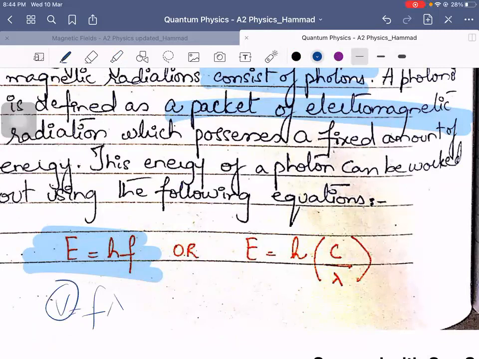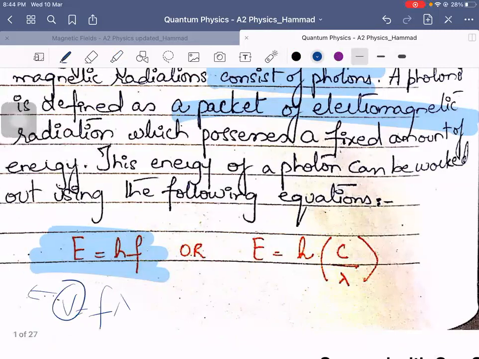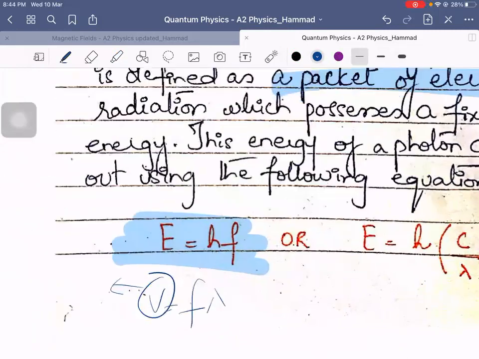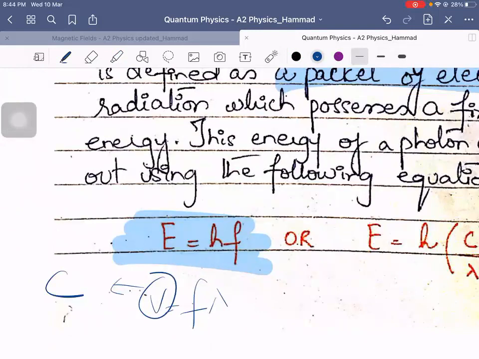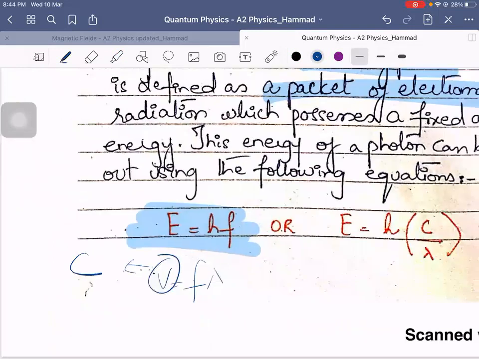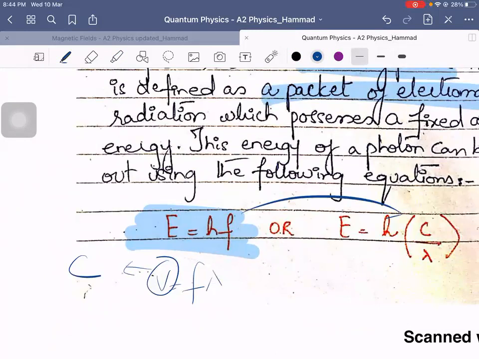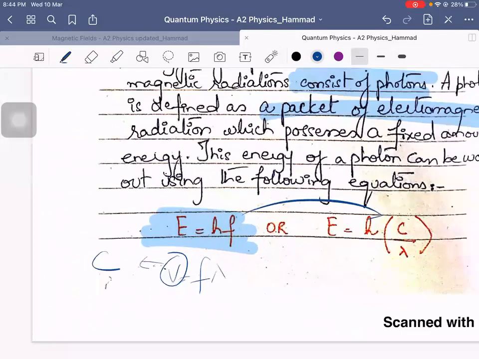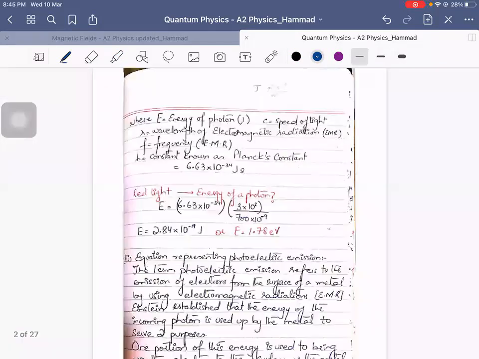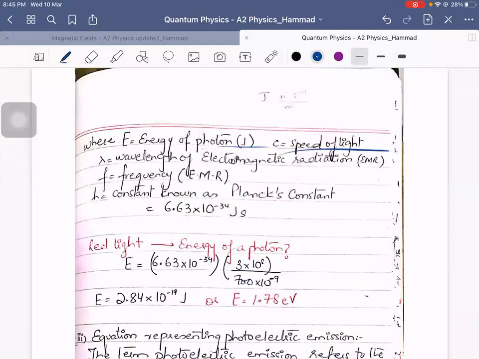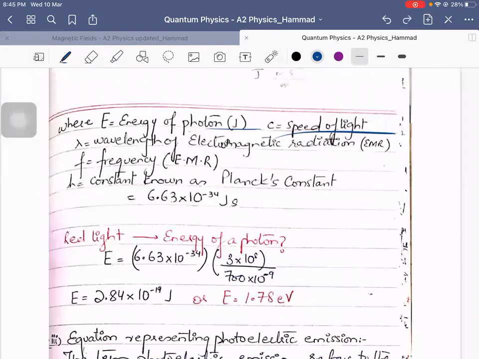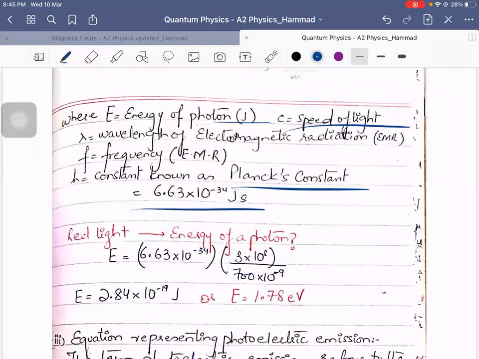You know for a fact that electromagnetic radiations have a constant speed, which is 3 x 10^8 meters per second, and therefore this formula can be substituted as E = hc/lambda, where E is the energy of the photon in joules, c is the speed of light, lambda is the wavelength of the electromagnetic radiation, f is the frequency, and h is the constant known as Planck's constant, which is 6.63 x 10^-34 joule second.